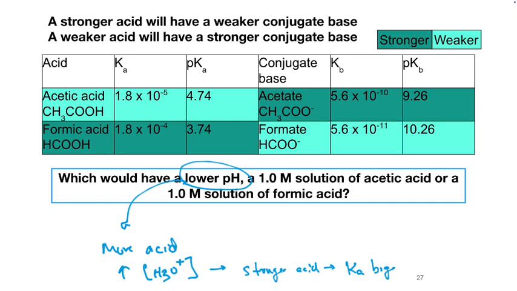Should be a bigger Ka. What should the pKa be? Okay. So all of those things are different interpretations, ultimately the same thing. You're just coming up with a different language to go through and represent it. Kind of make sense?